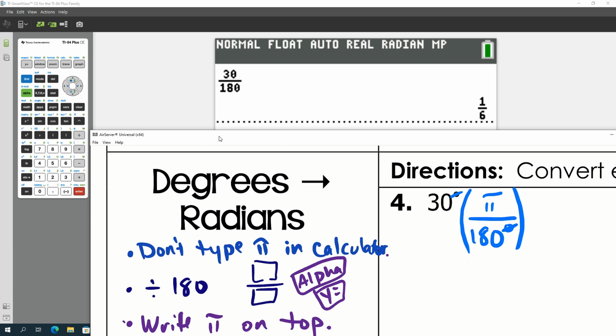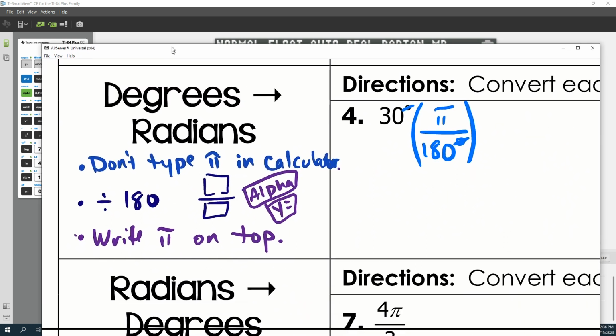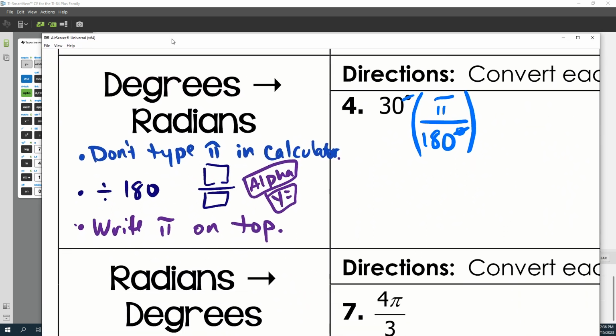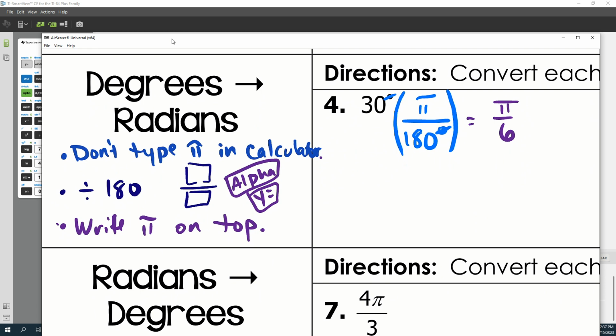All right, and then we're down to this purple step where we're going to write pi on the top. Sorry, there's a delay. So 1/6 is going to translate to pi over 6. Okay, now that feels kind of weird. It's okay, we're going to do it again.